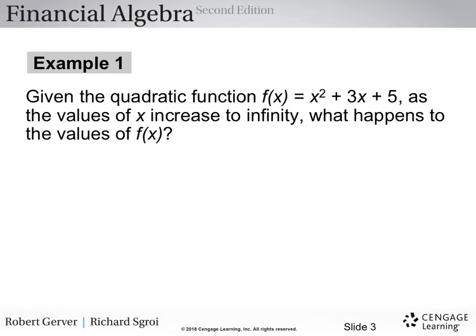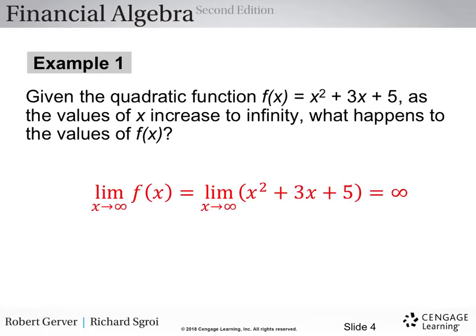So let's look at an example here. Given the quadratic function f of x is equal to x squared plus 3x plus 5, as the values of x increase to infinity, in other words, they get really, really big, what happens to the values of f of x? In this case, we're going to use something called limit notation.